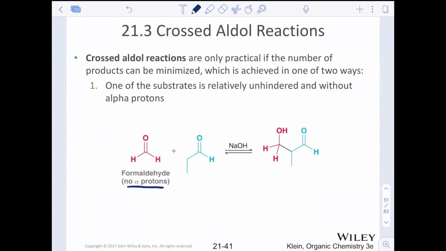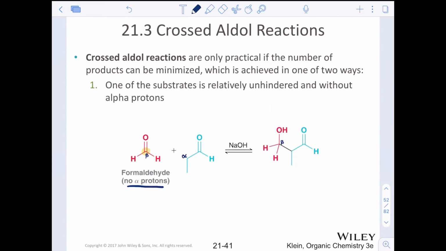There's not a lot of bulk around this carbon, which would become the beta carbon. And also there's only one alpha position on all of these molecules, so there's only one enolate that could technically form.